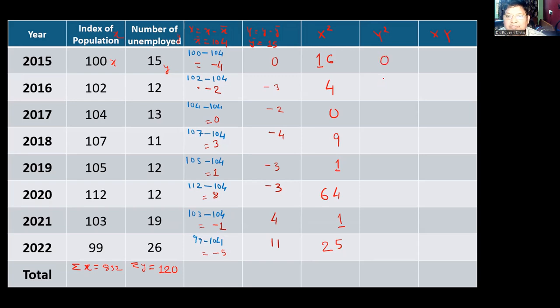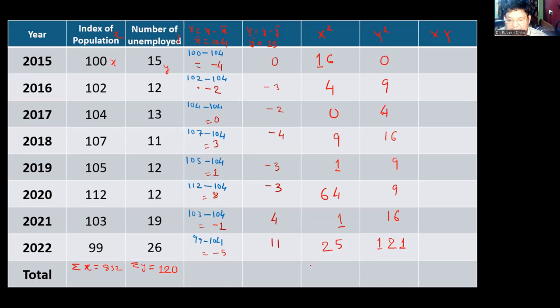0 is 0, 3 threes are 9, 2 twos are 4, 4 fours are 16, 3 threes are 9, 9, 16, and 11 elevens are 121. We need summation of x square, summation of y square.